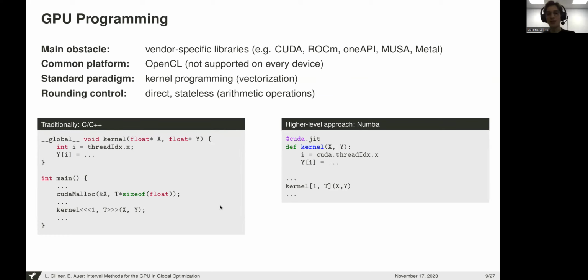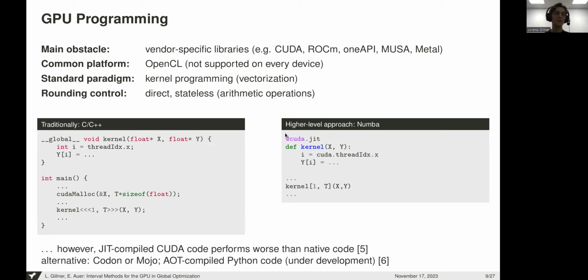One example is Numba, which introduces a just-in-time compiler for the CUDA device. However, it has been shown that just-in-time compiled CUDA code will never be as fast as actual ahead-of-time compiled CUDA code with C or C++, which is why they are developing some alternatives, namely Codon or Mojo, which are both ahead-of-time compiled Python-compatible programming languages with GPU support. But again, they are still under development, so we might have to fall back to C++ for the moment.